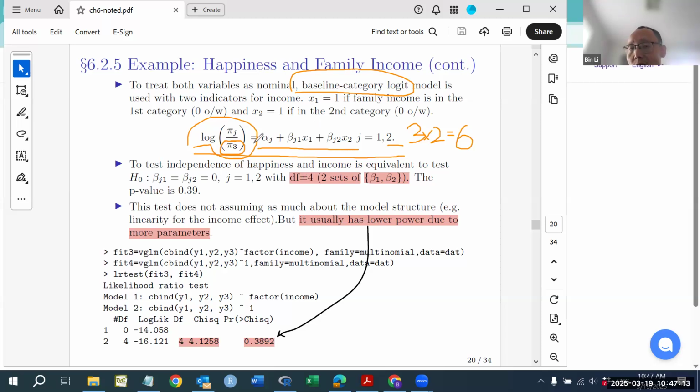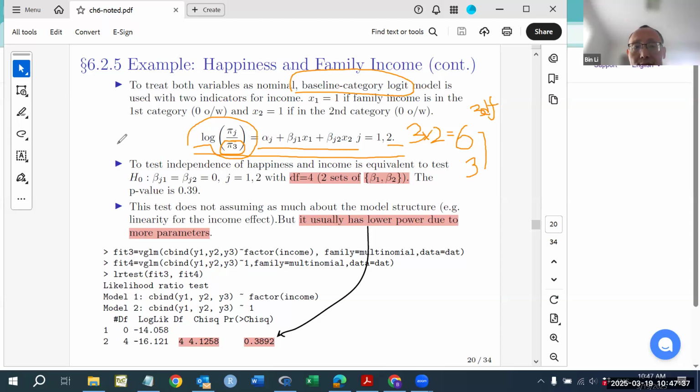So we have 3 parameters in total. You can see that using the proportional odds can save 3 degrees of freedom, so the model is simpler.